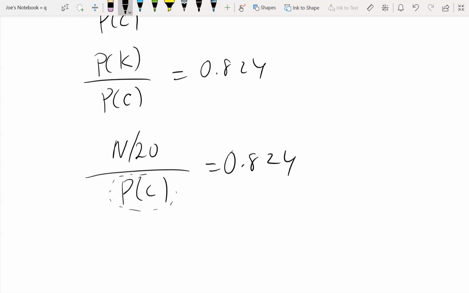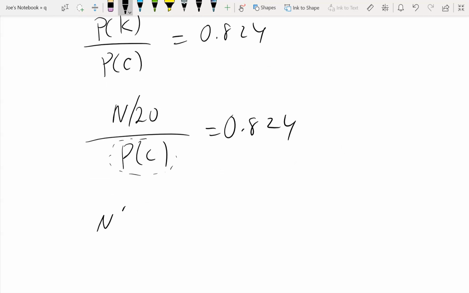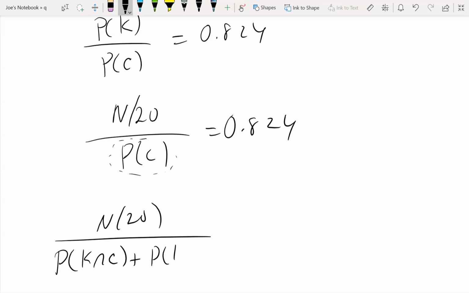What are your two possibilities for getting an answer correct? Yeah, either you know it or you don't, right? You knew it and you answered it correctly, or you didn't know it and you answered it correctly, correct? So, writing it in formula terms, this would be the probability that you knew it and you got it correct, or you didn't know it and you got it correct.